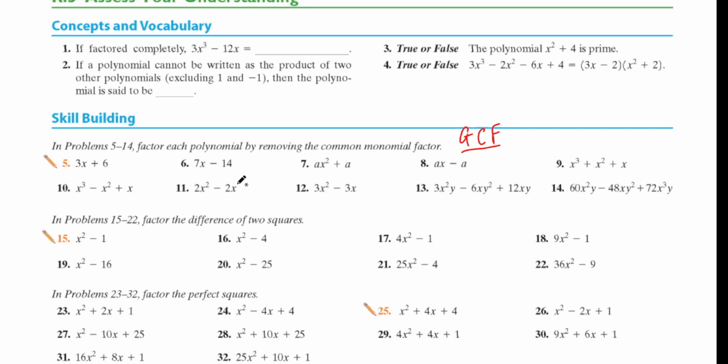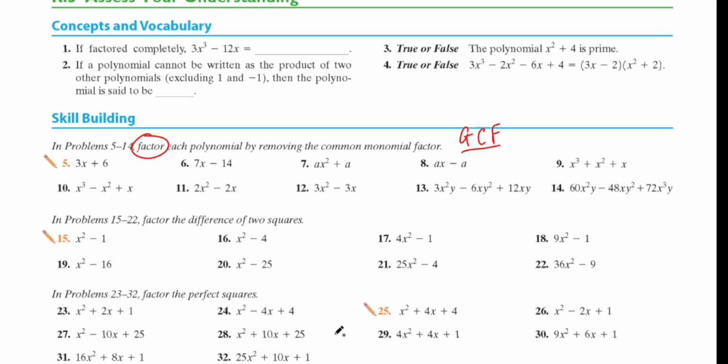And that is factoring. So on a quiz or a test, I probably won't tell you factor it by using the greatest common factor. And I probably won't say factor each polynomial by removing the common monomial factor. I'll probably just say factor, and that's it. And it means factor completely. You'll see some of these, right? It says factor using the difference of 2 squares.